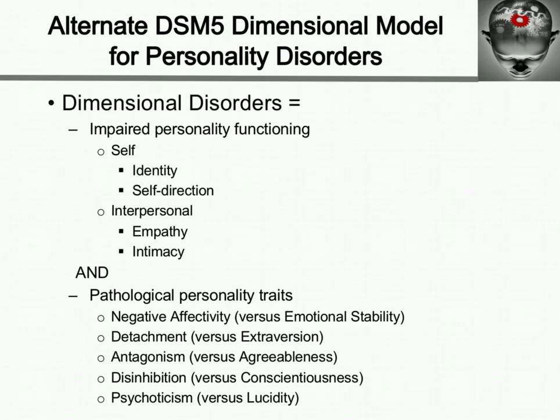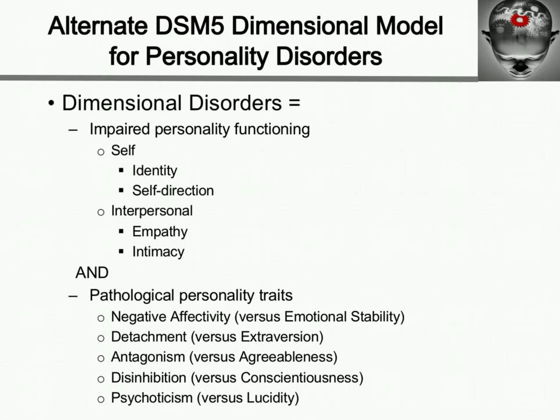So the alternate model of personality that's based on the dimensional model says that a personality disorder has an impairment of personality functioning, and there is a particular pathological personality trait.